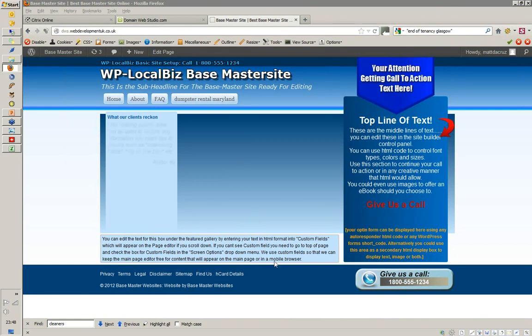So as I hit it, call us now, bang. Then they can see the primary headers, the primary links and stuff. If they want to browse around, they can. We're answering all their questions. But on all the pages, we really want to convert them. We want a call to action all the time. Get them to fill in that form, or phone the call center and get the lead. That's the whole primary objective here.